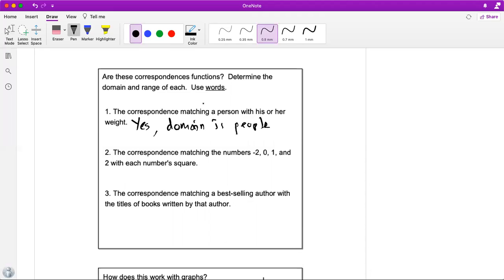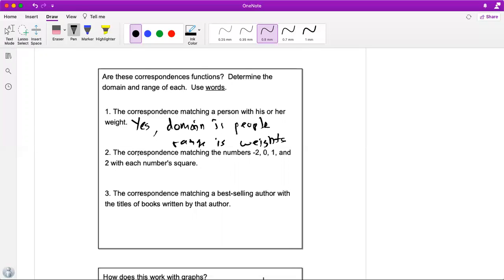If I said the correspondence matches Weber students, then the domain would be all Weber students. And the range here would be weights, numbers like 175 pounds or 110 pounds or however much people weigh. So this is a function, and the domain is all the people, and the range is all of their weights, whatever they happen to be.